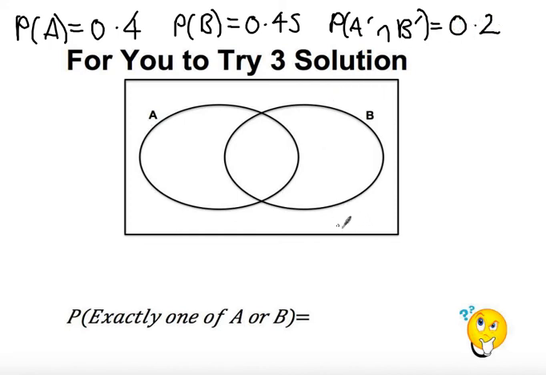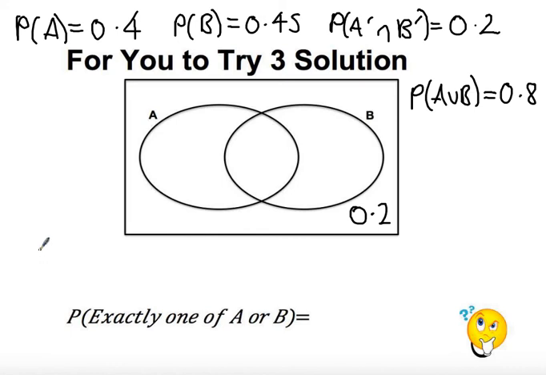So actually we follow a very similar approach to the last question, a little bit unstructured on this one. So this is 0.2, so what I know from this is that the probability of A union B must be the remaining amount, because these three sections here must add up to 1, so I get 0.8.